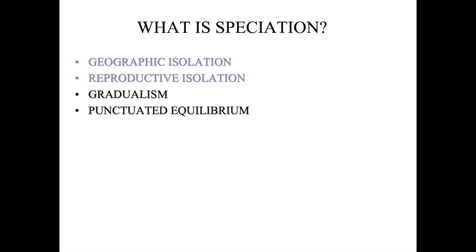So, how fast can it occur? Well, gradualism is an idea that species originate through a gradual change, small changes over a long time, longer than 10,000 years. And if we're looking at fossil evidence, we see that much of the sea life evolves slowly and very steadily over long, long periods of time.